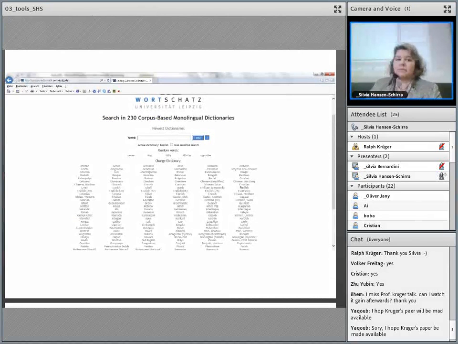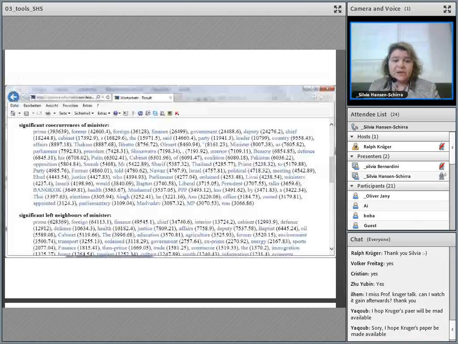The same is possible with the Wortschatz of the University of Leipzig. The URL was in my list and will be in the presentation. Here you have many languages. You can see the selection here, and you can type in. My example was minister, and here the interesting thing is the texts are already processed statistically, and they display the significant co-occurrences of the word minister, but also significant left neighbors and significant right neighbors.